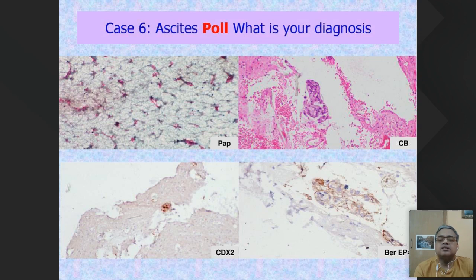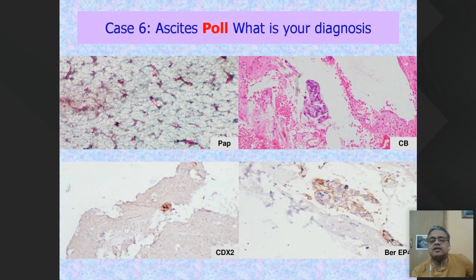But some markers have been done, and some of you called it reactive mesothelial cells, 25%, which has reduced to 16%, because some people, or 75%, called it adenocarcinoma colon. Why? Because a marker has come positive. So the marker is CDX2 coming positive. Now CDX2, you must remember, is a dicey marker. It doesn't always stain, or it doesn't stain all cells.